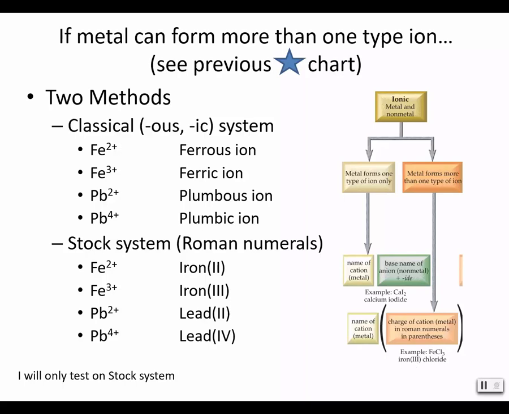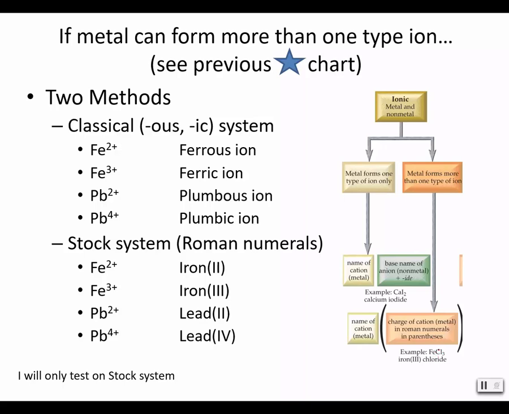So hopefully you're asking yourself, well, Mrs. Lapola, how did you know that iron in this molecule has a +3 charge, aside from the fact that I told you here? Well, hopefully, looking at that balanced chemical formula, you would be able to deduce that the charge on that iron would be a +3 because of the charge on chlorine and the rules that we use for writing balanced chemical formulas.